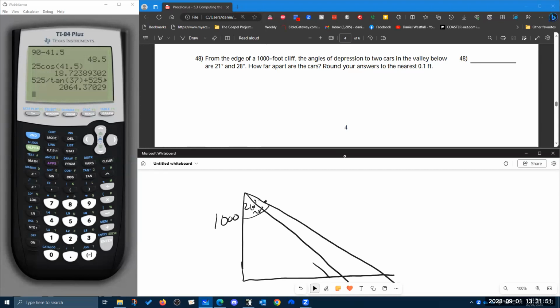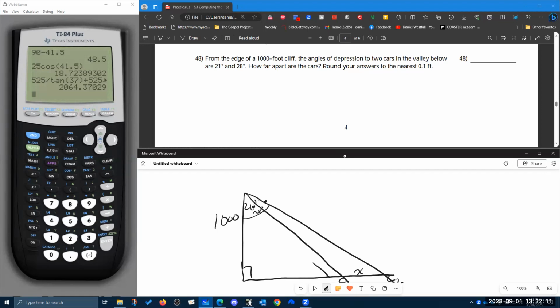There's a 7-degree difference there. How far apart are the cars? So car 1 is here, car 2 is there, and I want to know this distance here. Well, to get that distance, I'm going to have to find the big distance here.